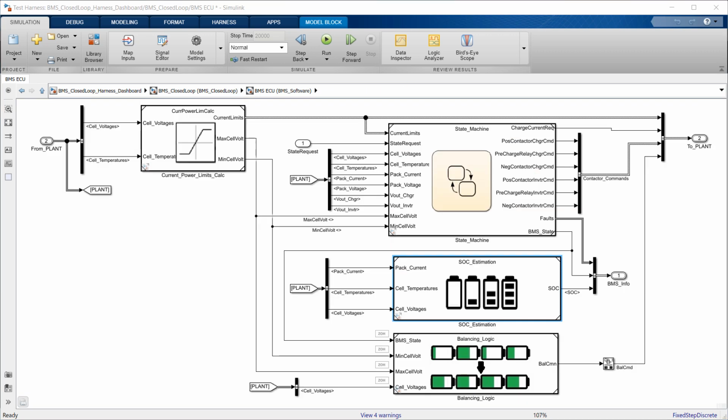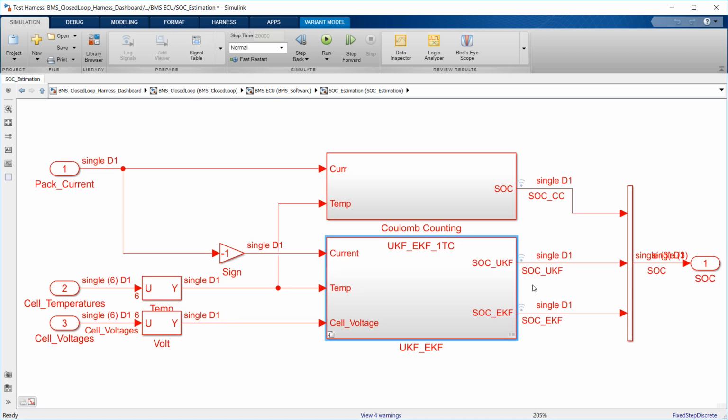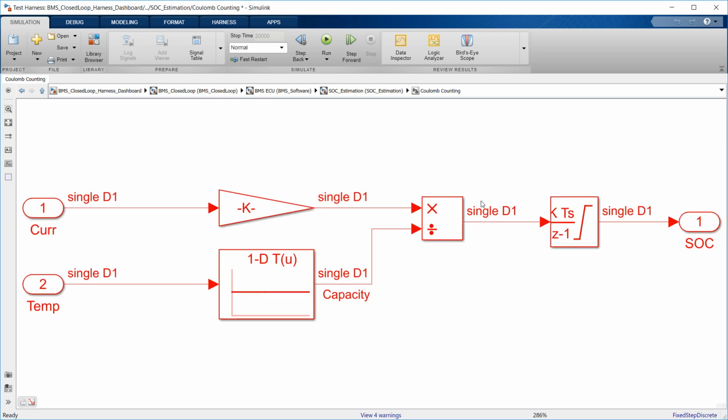The third subsystem contains 3 different methods for state of charge estimation. In practice, the BMS developer would only choose one of them, but here we present all 3 to illustrate their individual merits and limitations. The first method, known as Coulomb counting, consists of integrating the current that enters and leaves the cell to keep track of the state of charge over time.